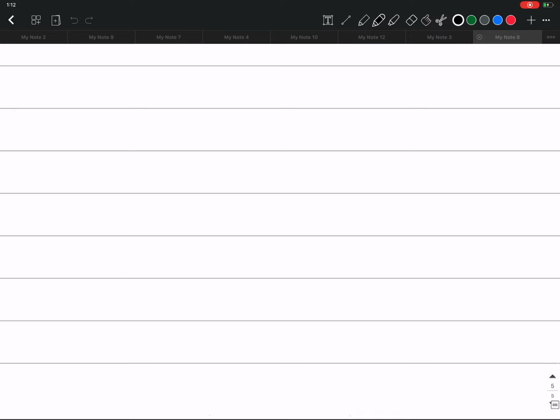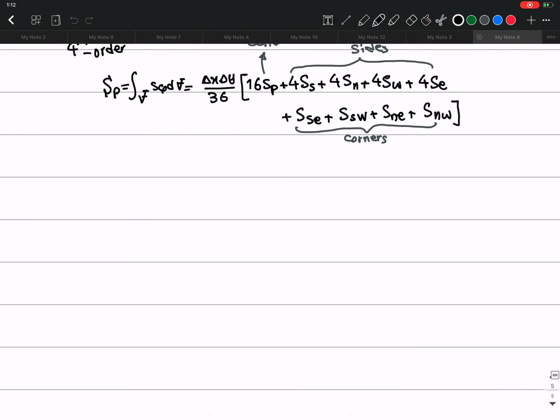Okay, so now with these approximations, I want to show you a generic one-dimensional finite volume method, how you can approach this problem and use this method in reality.